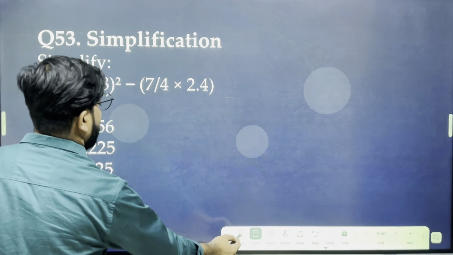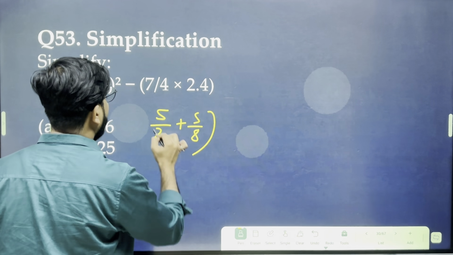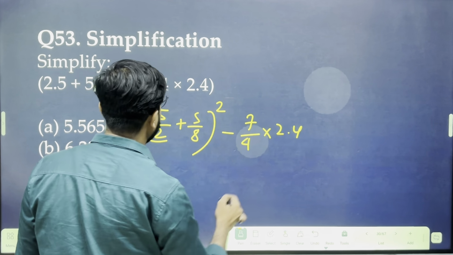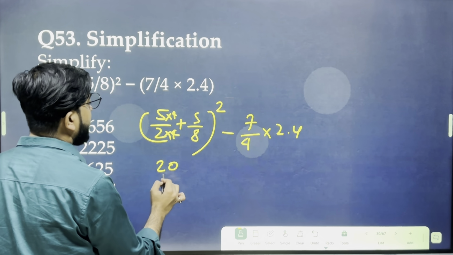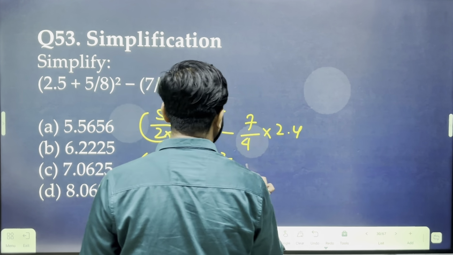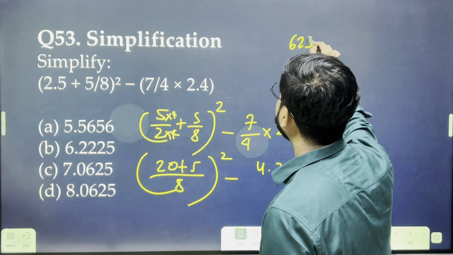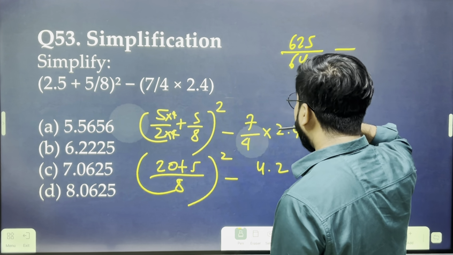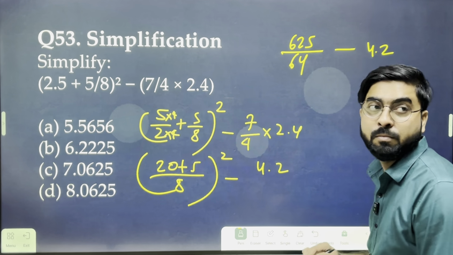You can also solve this. 2.5 means 5 by 2 plus 5 by 8 whole square minus 7 by 4 into 2.4. That becomes, if we multiply by 4, 20 plus 5 by 8 whole square minus 4.2. That becomes 25. Square of 25 is 625 divided by 64 minus 4.2.